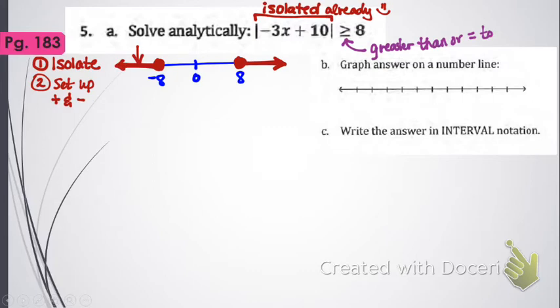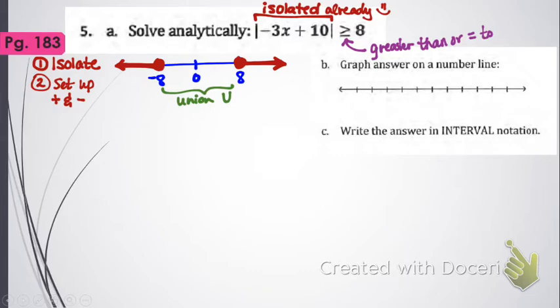This changes the way I'm going to set up my problem. We're going to have a union here. We've got this gap. We write that as a capital U. Because of that gap, I can't just write a compound inequality. I have to write two separate inequalities.